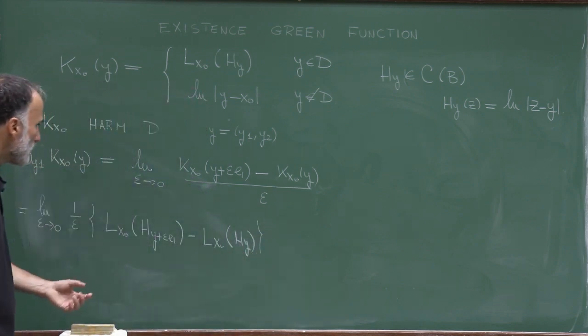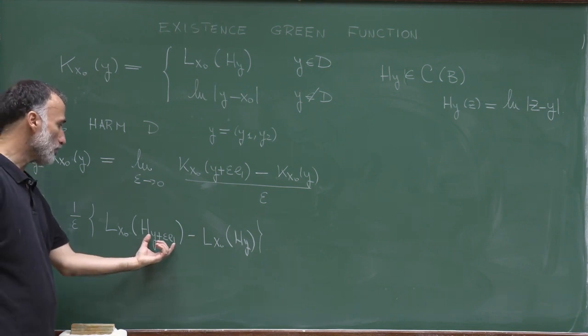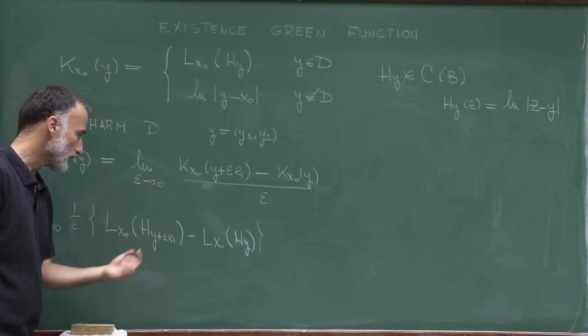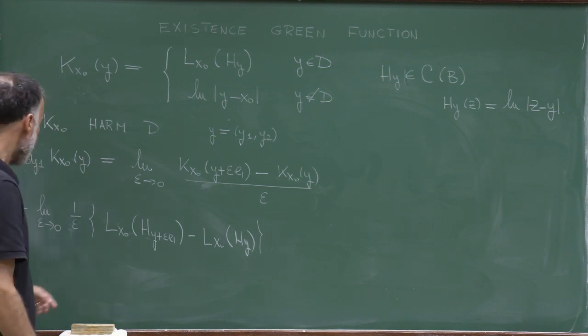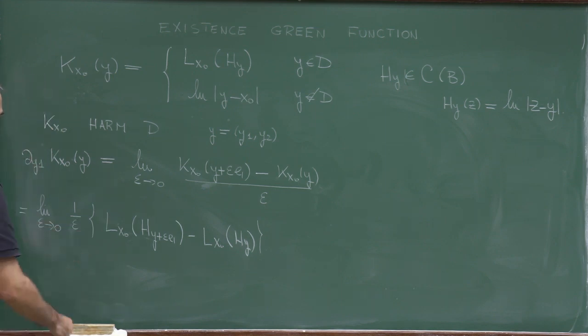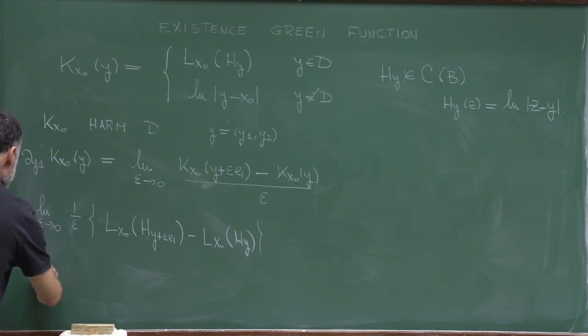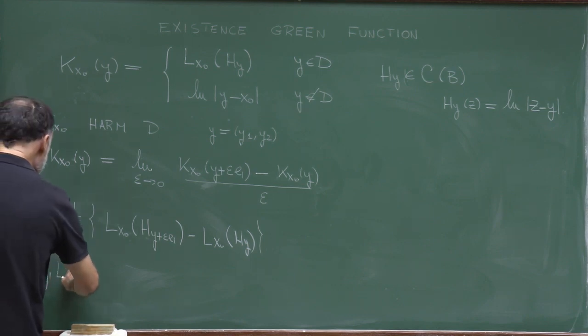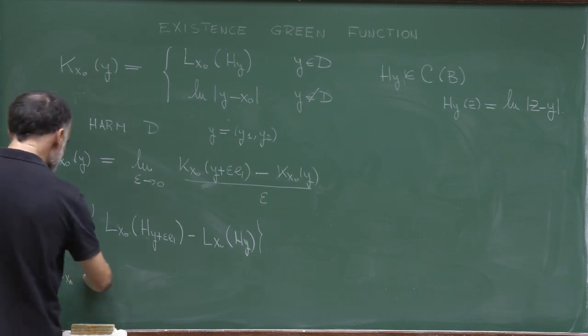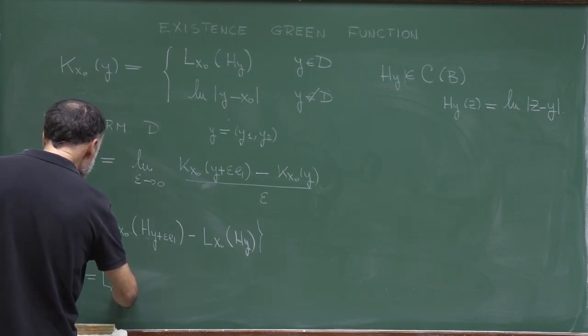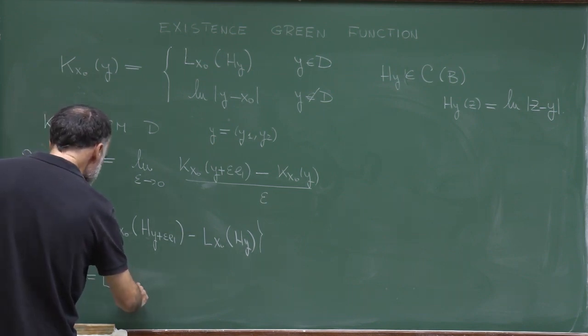D is an open set, so I'm taking epsilon sufficiently small for y plus epsilon times e1 to be in D also. Now, what this argument will show is that the derivative with respect to y1 commutes with the bounded linear functional Lx0. So what we will be proving here is that you can commute these two operators.